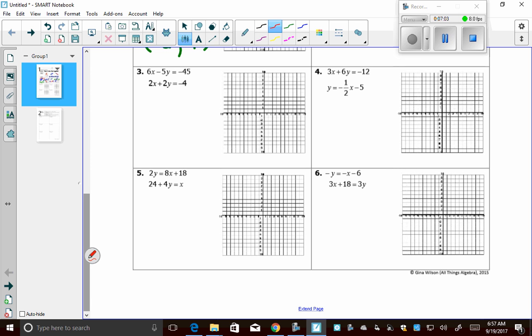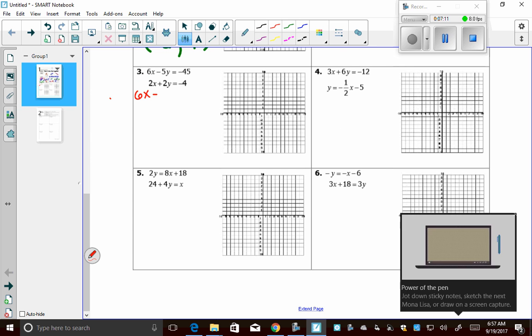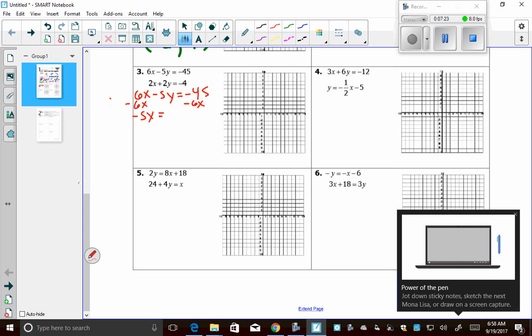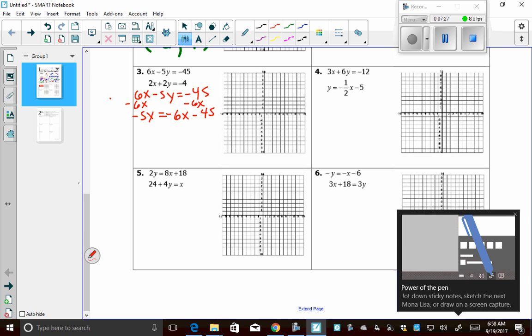So to solve this one for y, first thing I have to do is subtract 6x. So then I'm going to have negative 5y is equal to negative 6x minus 45. After that, I'm going to divide by negative 5.